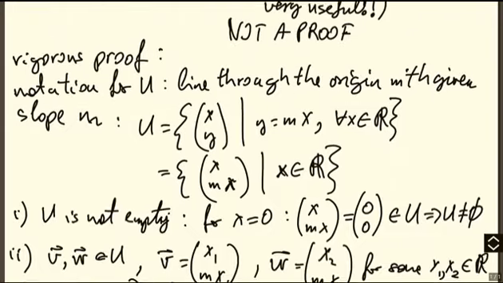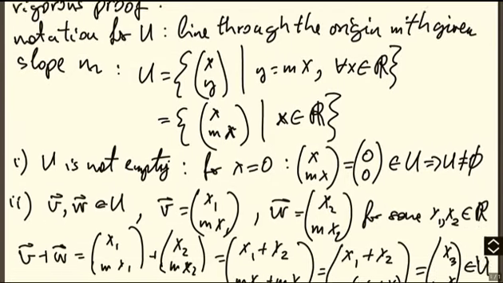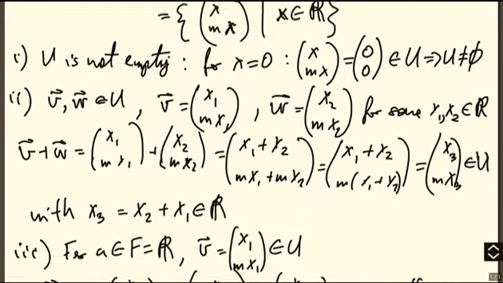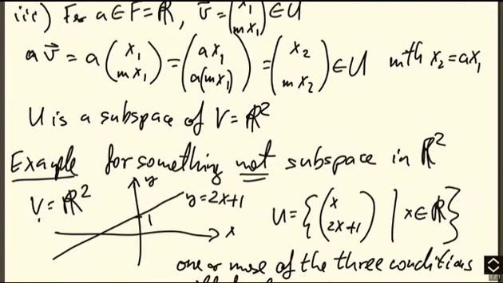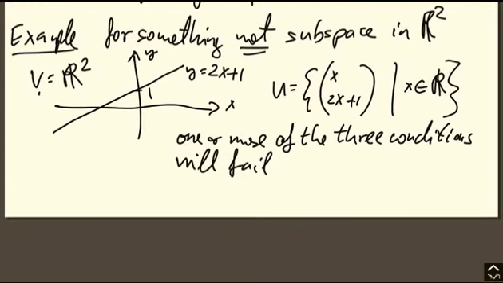So the three conditions again were that the set is not empty, addition stays in it, scalar multiplication stays in the set. Well, we see immediately that it's not empty, so this condition is not going to fail. It turns out that both the second and the third conditions will fail. Let me choose one to show one condition fail, and then maybe I give as homework the other condition to show.